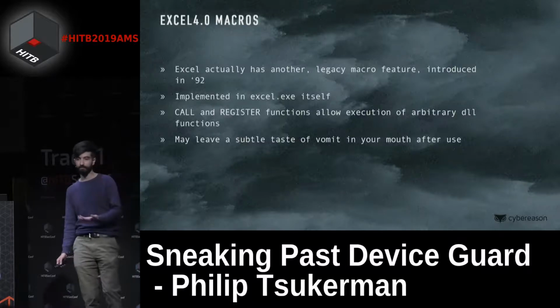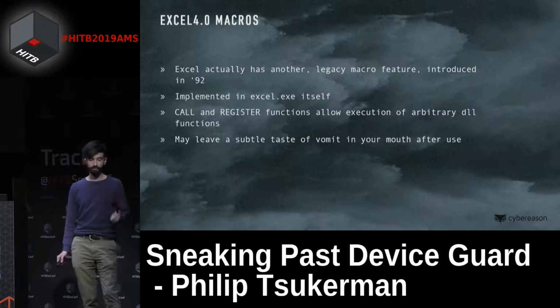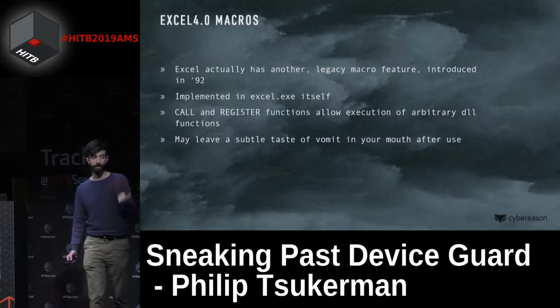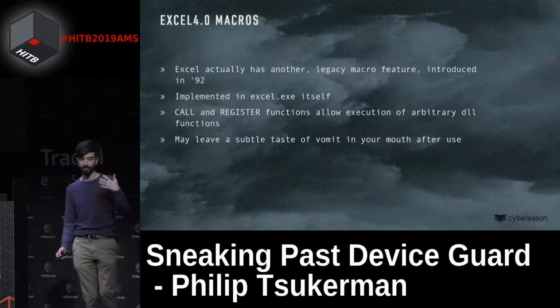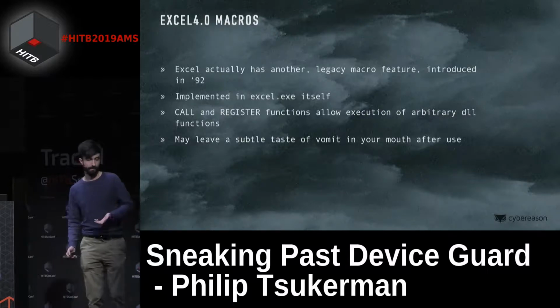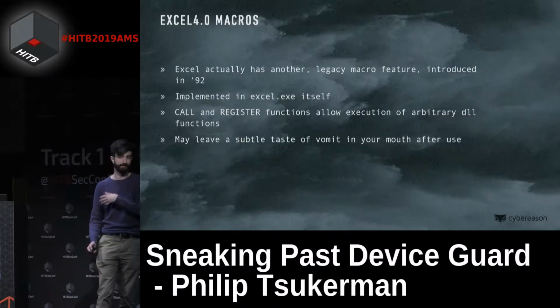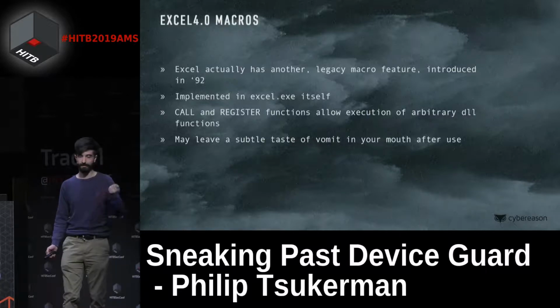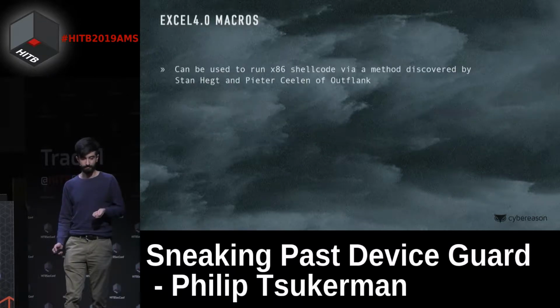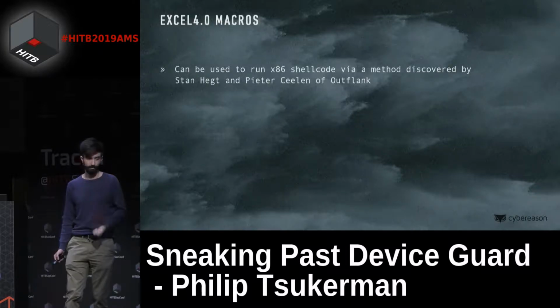And what Excel 4.0 macros allow us is to use two functions called call and register, which will give us access to arbitrary DLL functions, meaning that we could use different syscalls, etc. But the syntax is as bad as you can imagine for something that was implemented for macros in '92, and it's pretty horrible.